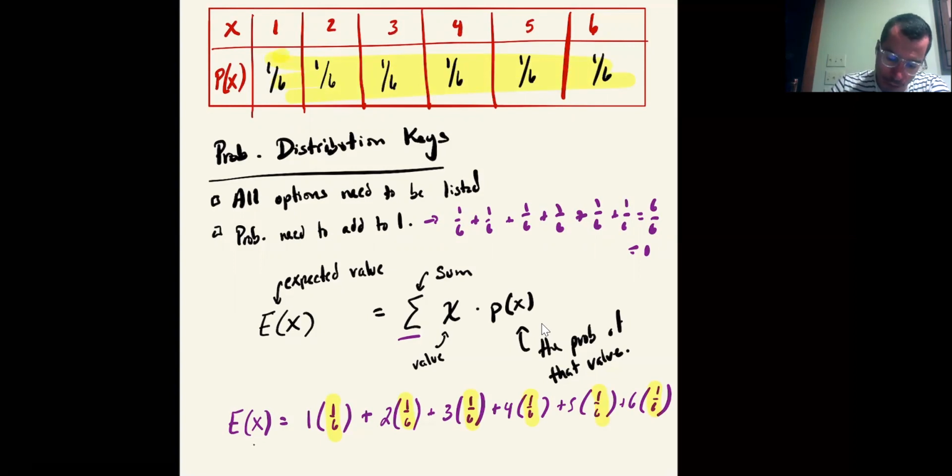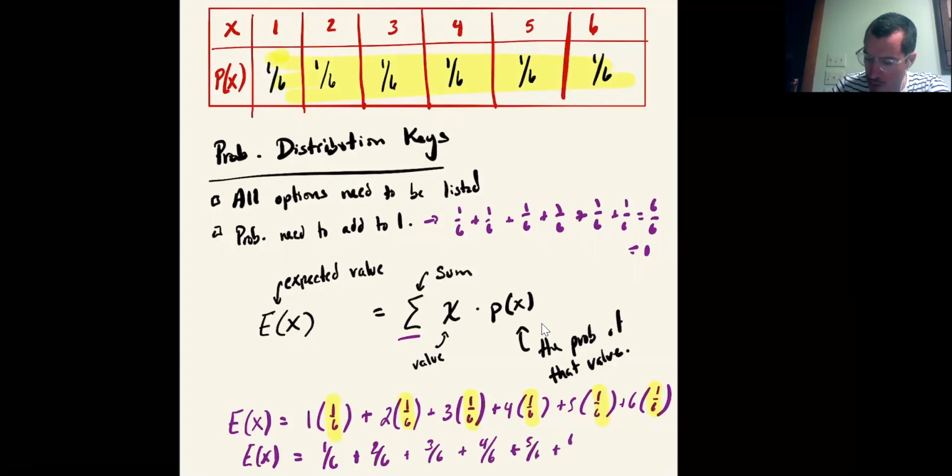So to go through the math, the expected value of x is 1/6 plus 2/6 plus 3/6 plus 4/6 plus 5/6 plus 6/6, or 3, 6, 10, 15, 21 over 6, or 3.5.